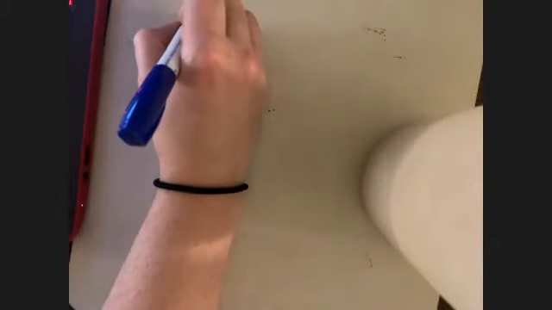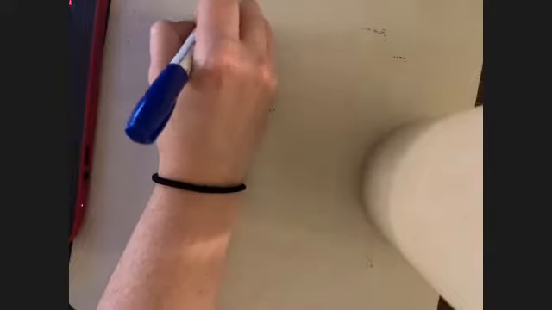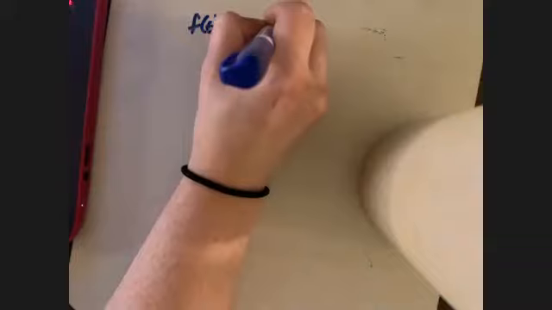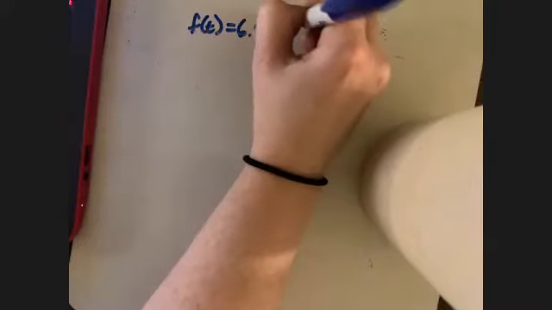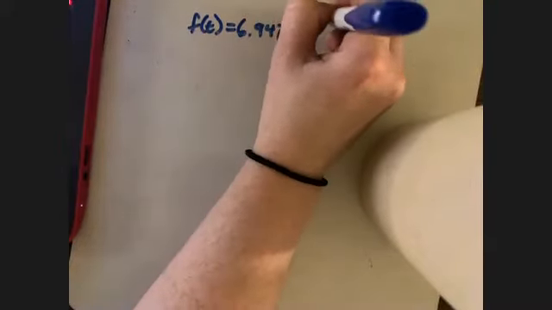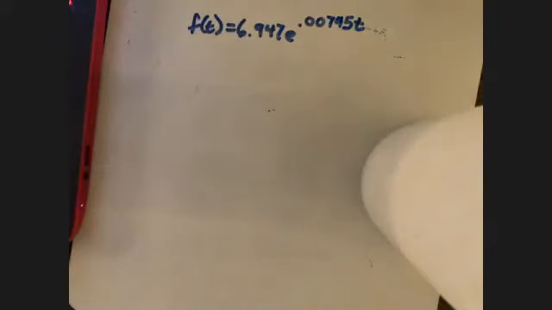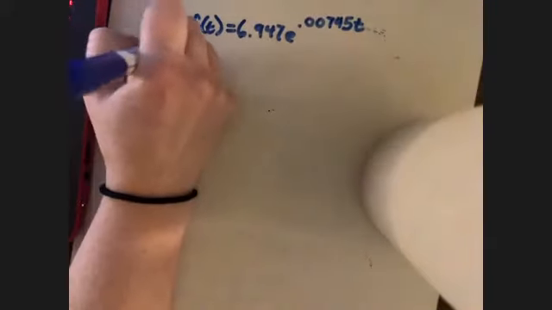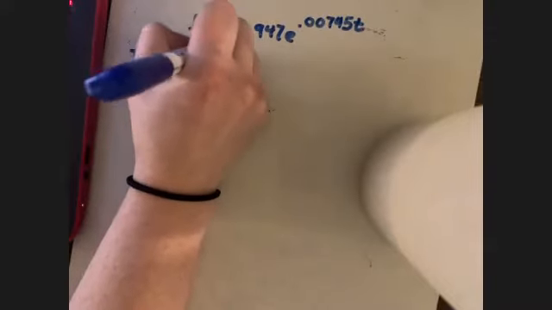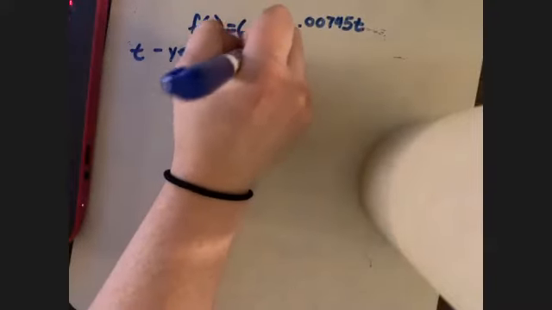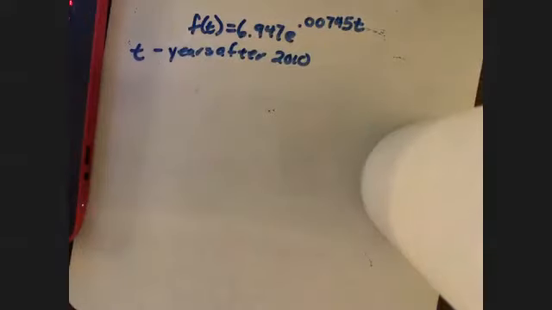And so they gave us an equation that looks like f of t, that's the same thing as y, y'all, equal to 6.947 e to the 0.00745t. And t is years after 2010.